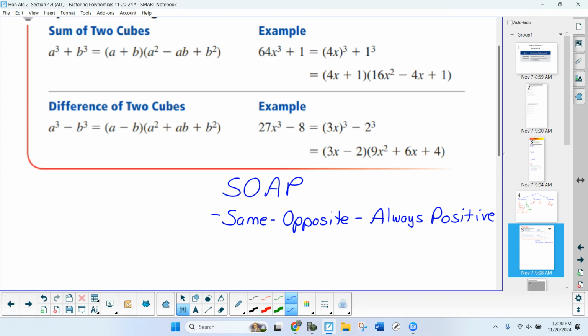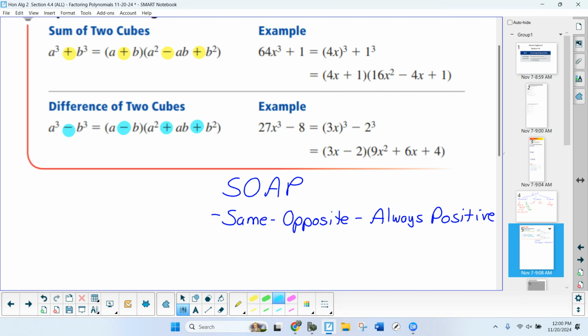Notice the signs are the same. So when you have a cubed plus b cubed, it's the same, the opposite, always positive. Same thing here. If you have minus, it's the same, minus, opposite, positive, always positive on the end.